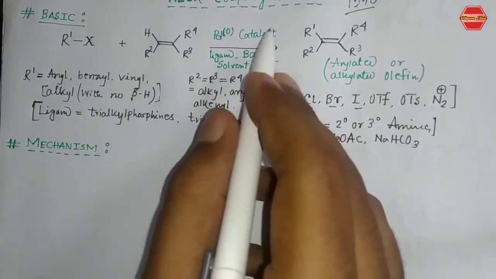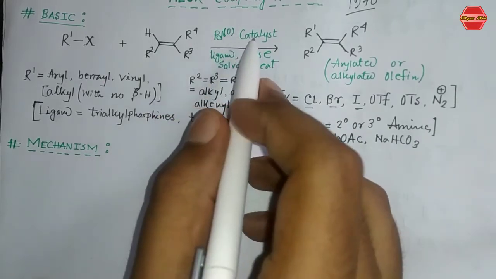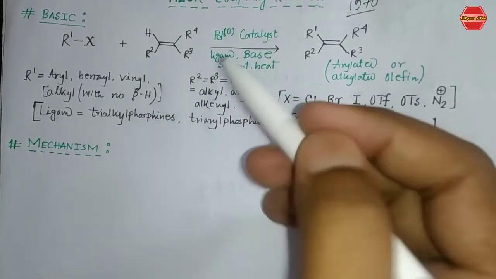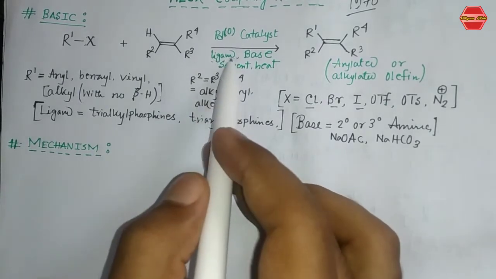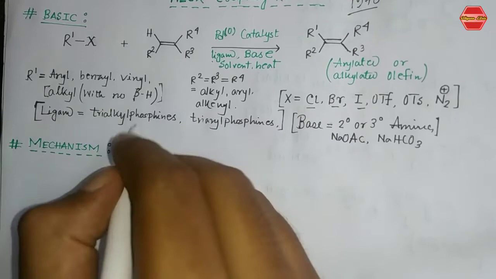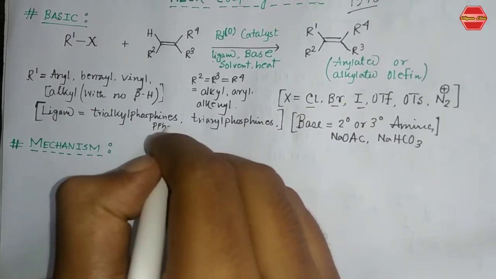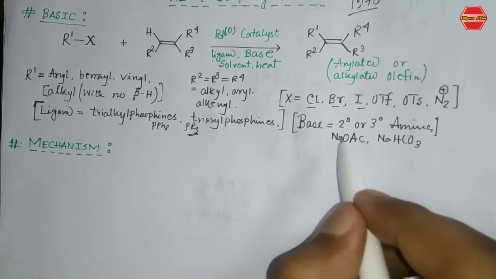You can see over here that a palladium 0 catalyst is needed for this reaction, but along with this you have to put the ligand. Ligands are basically triphenyl phosphine or trialkyl phosphine, that is any kind of PPh3 or PR3 group, and a base is needed.